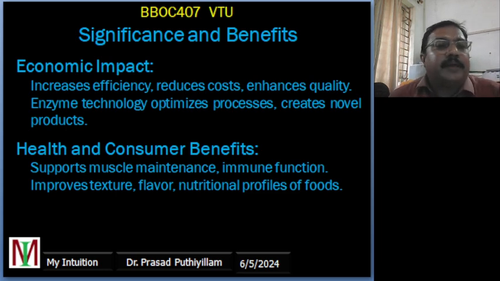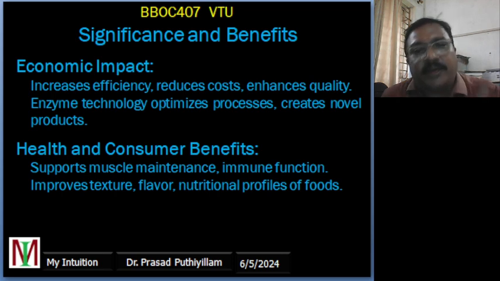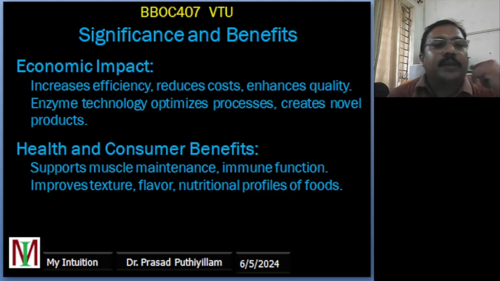Mainly the economic impact: the use of these proteins and protein-based enzymes in food production significantly increases efficiency, reduces cost, and enhances product quality. Enzyme technology optimizes the processes and enables the production of novel food products.